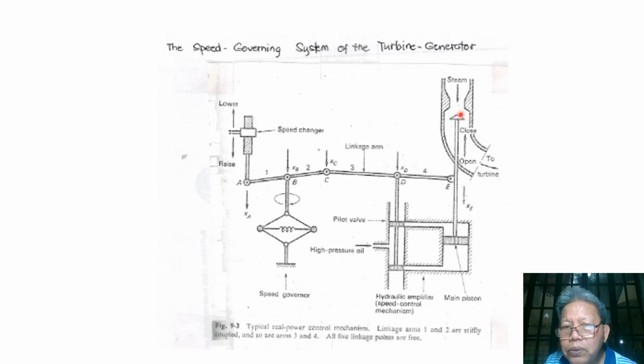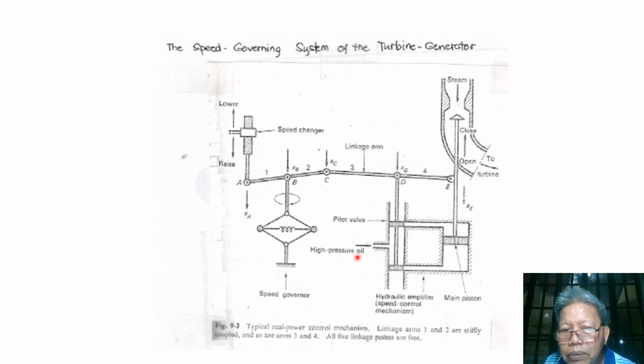Now, if we want to open, this piston rod should move this main piston down. That can be done only when the applied force will be going up here at point D. So our pilot valves will be closed here, and open here.